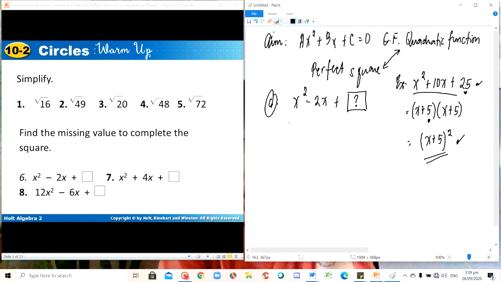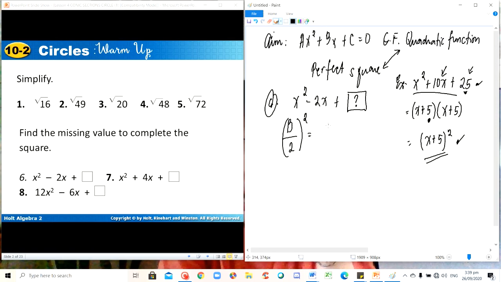There is actually a formula for this. The last term is half of the middle term b, that is, b divided by 2, and then you square it.